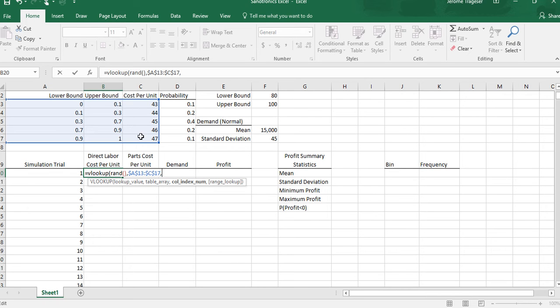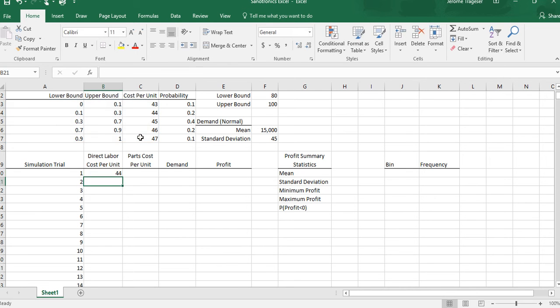So 1, 2, 3, our cost per unit. 3, comma, and true. Our range lookup. True is an approximate match. When we use a VLOOKUP, it tries to find an approximate match. End parentheses, and here we see 46.